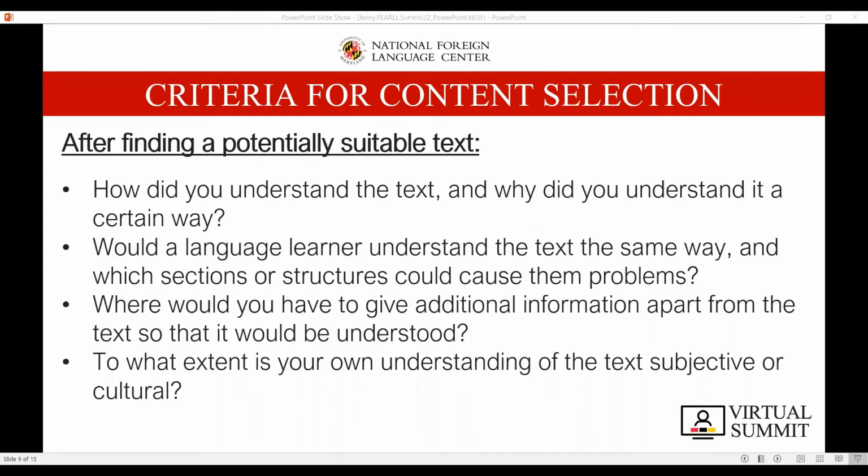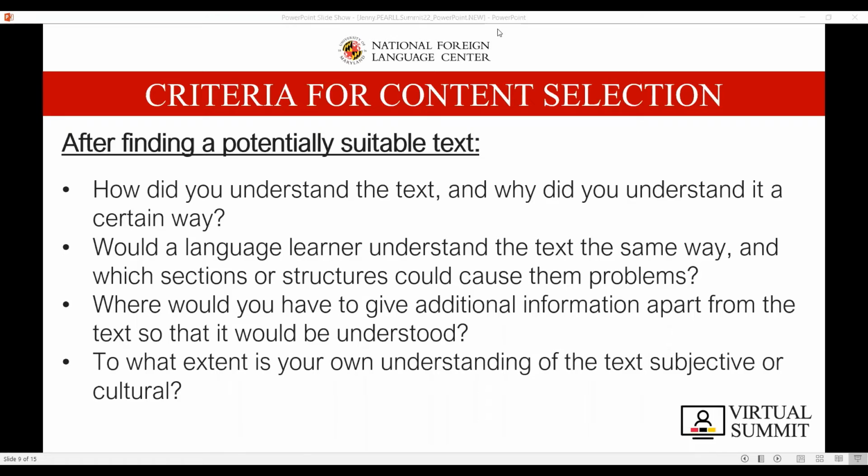So after finding a potentially suitable text, you as the language instructor should reflect on your own reading and comprehension process, asking yourself the following questions. How did I understand the text, and why did I understand it a certain way? Would a foreign language learner understand the text the same way I did, and which sections or structures could cause them problems?